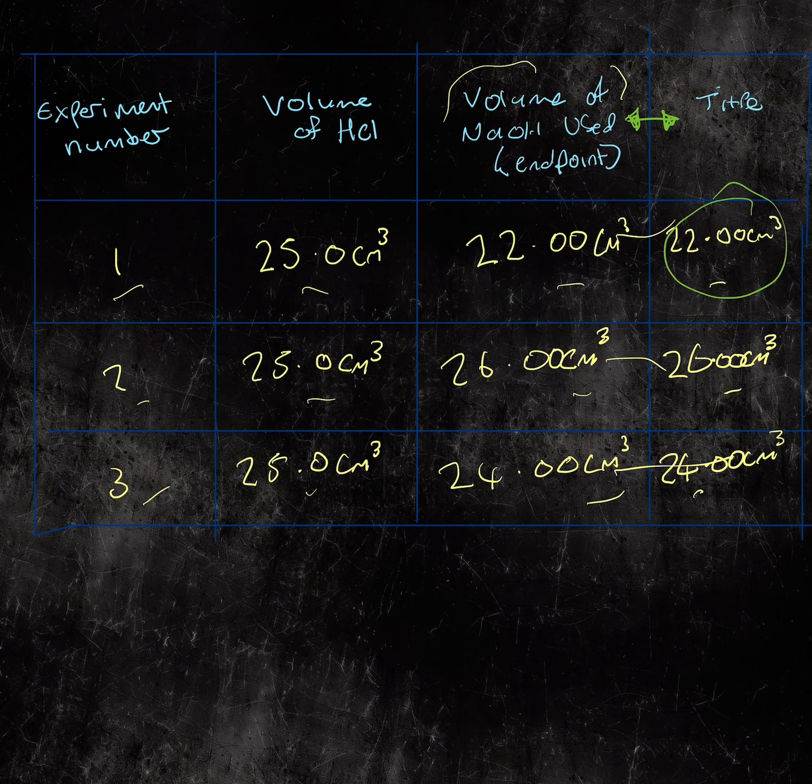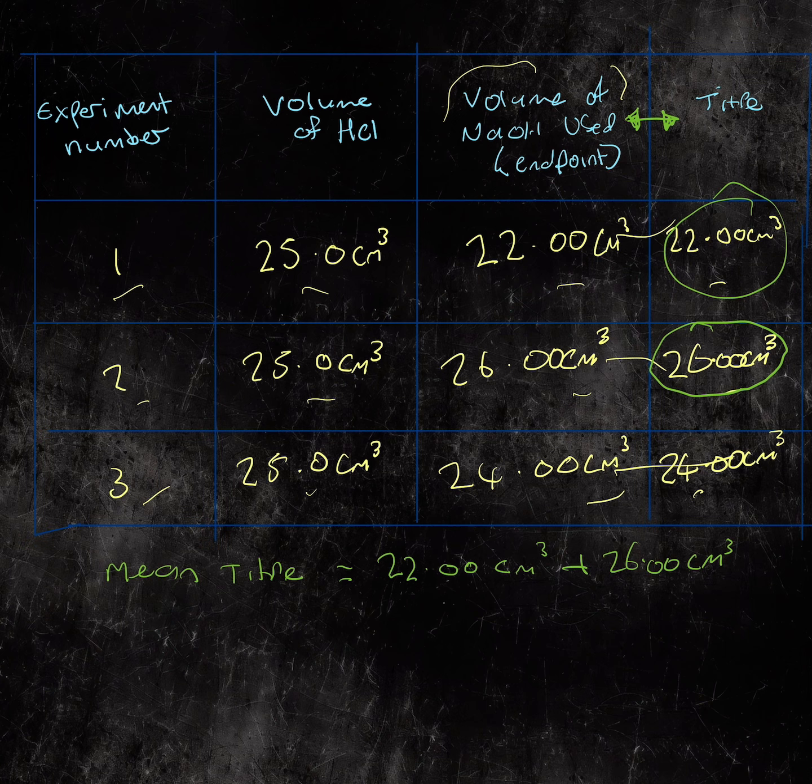So you can write here, down the bottom, mean titre equals, it's going to be this first value here, 22.00 cm cubed, plus the second titre, 26.00 cm cubed, and that's going to be plus the third titre.